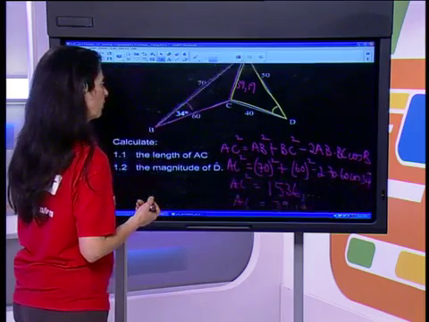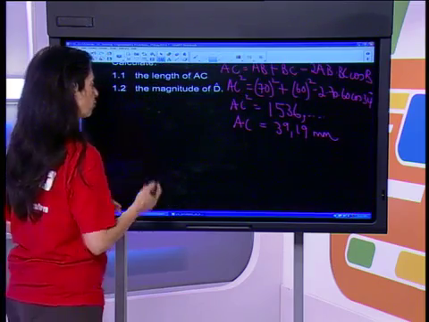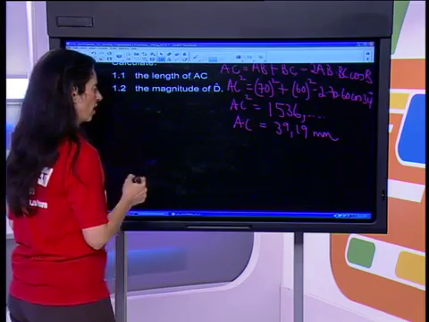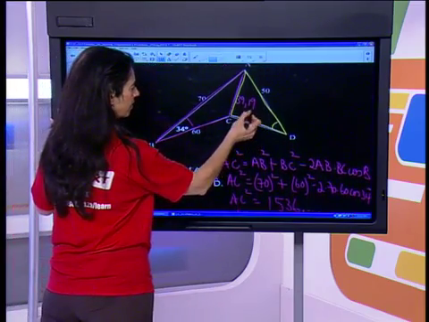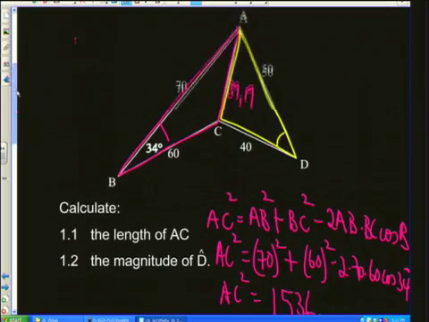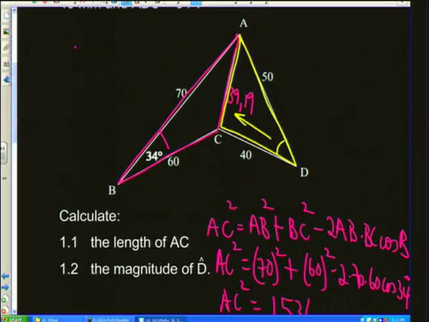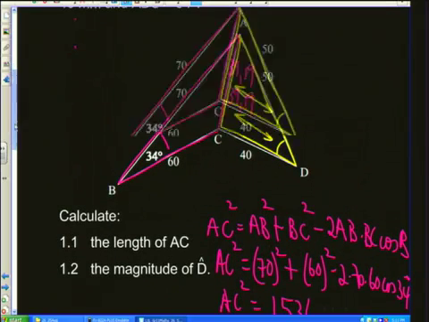So again, I wouldn't memorize a formula for finding the angle. I would just write down that the angle that is opposite that side, there we go, there's the angle, there's the side. We're now going to write AC squared.